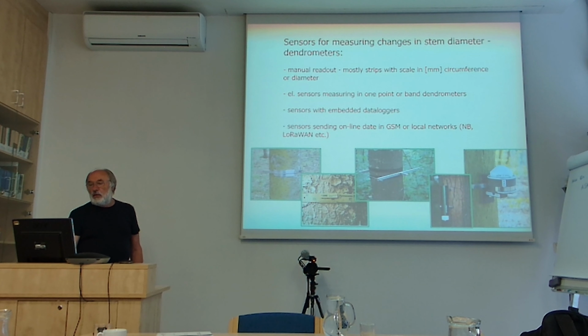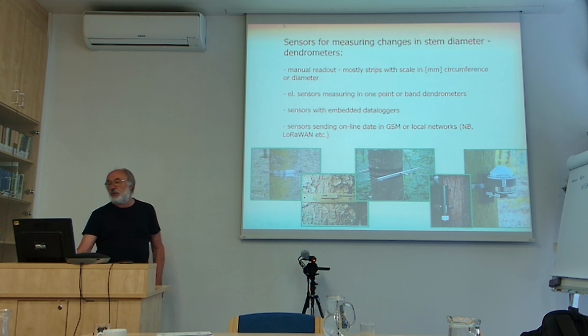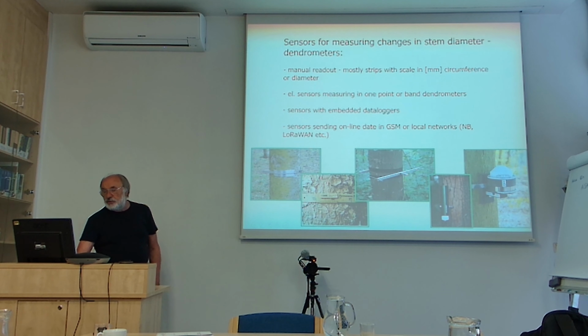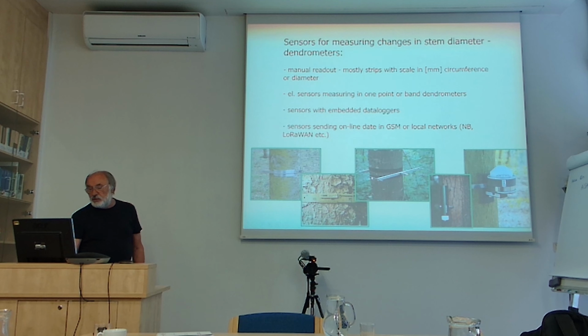So let me list a little bit about the sensors for measuring stem diameter, stem shrinkage. We can start from the manual dendrometers. This one or that one, another type of dendrometer which uses a frame for fixing, and it measures the real diameter between two points. This one is a point dendrometer, fixed with a screw here, and this is the measuring part.